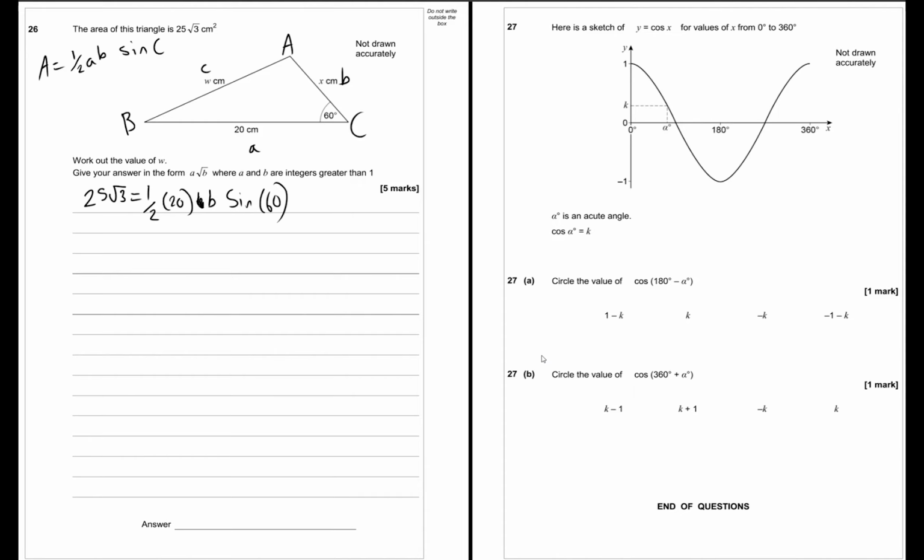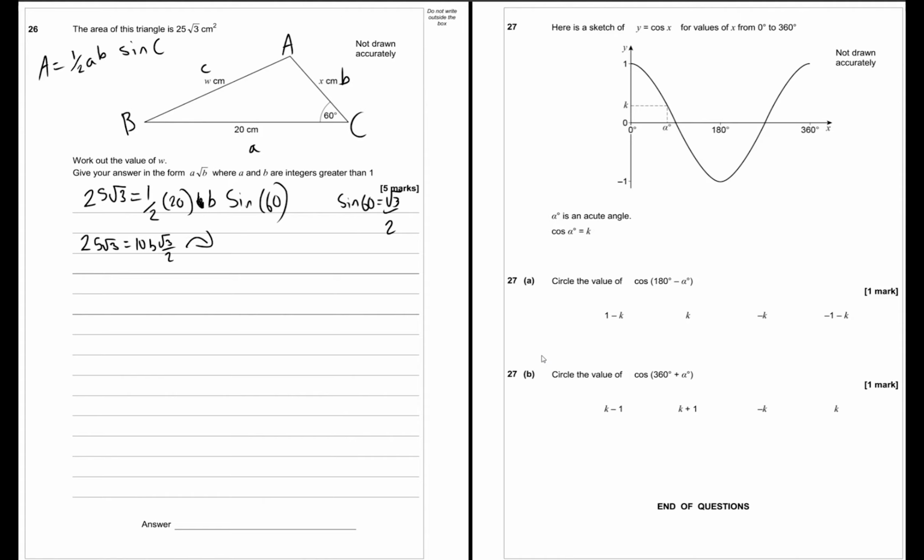So we know from the special angles on our triangle that sine of 60 equals root 3 over 2. Okay, so let's simplify this to find out b. So 25 root 3 is equal to half of 20, so let's call that 10, 10b root 3 over 2.